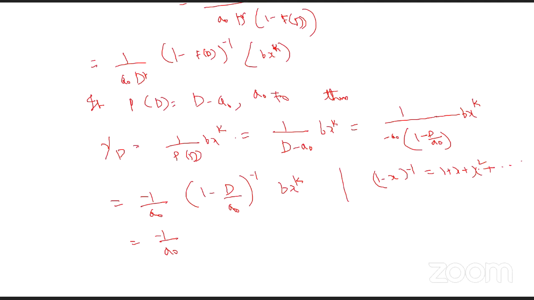So this we can write as 1 plus D by a naught plus 1 by a naught square D square, and so on, into b x power k.